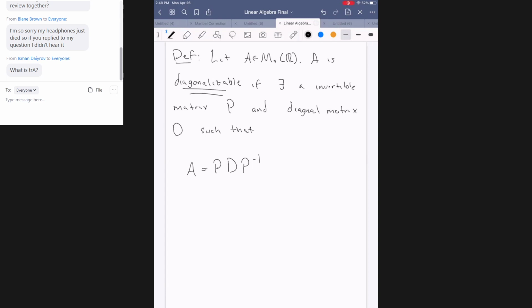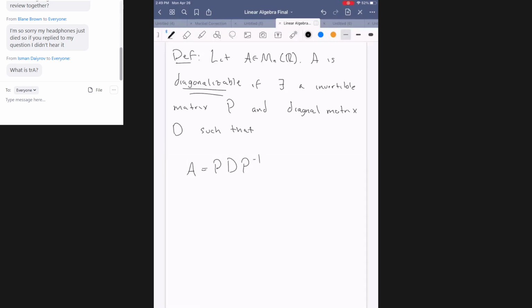Now, this is what it means to be diagonalizable. I have not told you what P, D, and P inverse are, right? This definition is useless, it doesn't tell me how to find D or P. Well, you're exactly right, it doesn't tell you anything about that.